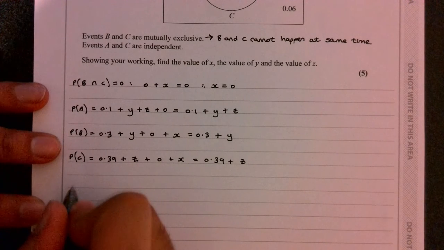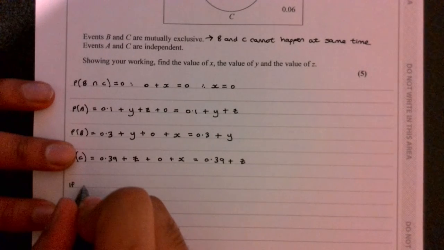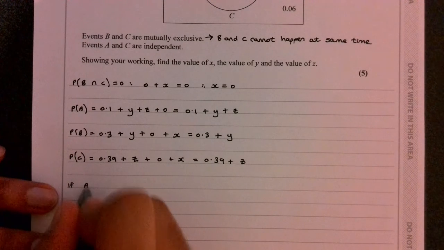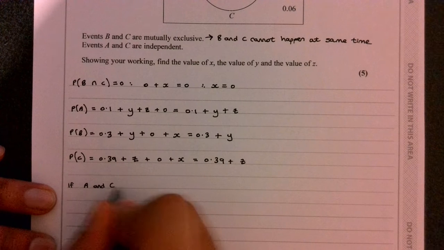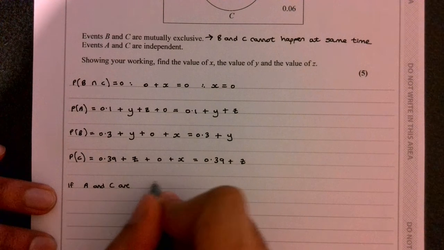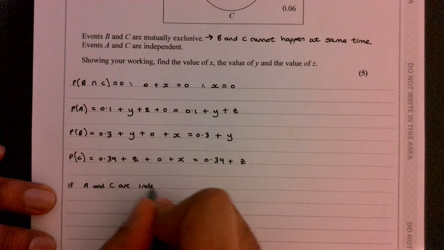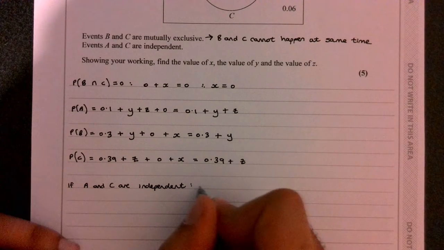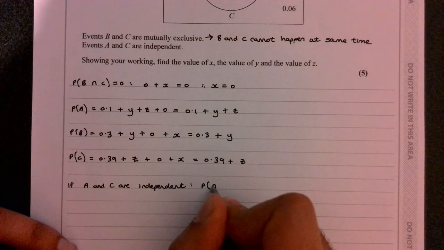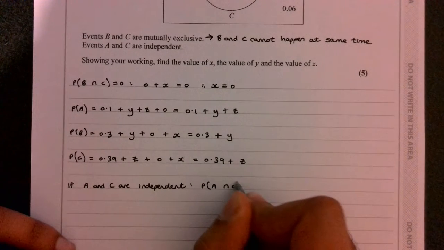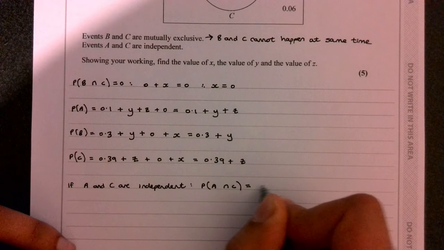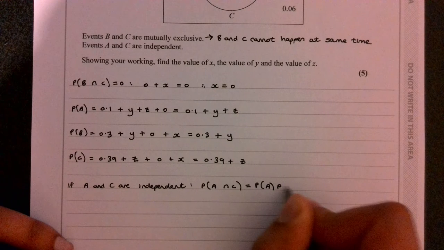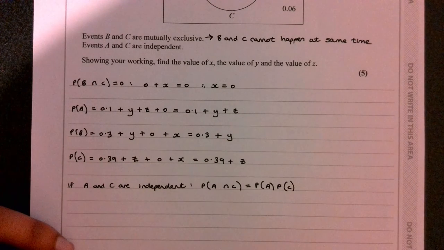We can say over here, if the events of A and C are independent, then we can say over here that the probability of A and C is equal to the probability of A multiplied by the probability of C.